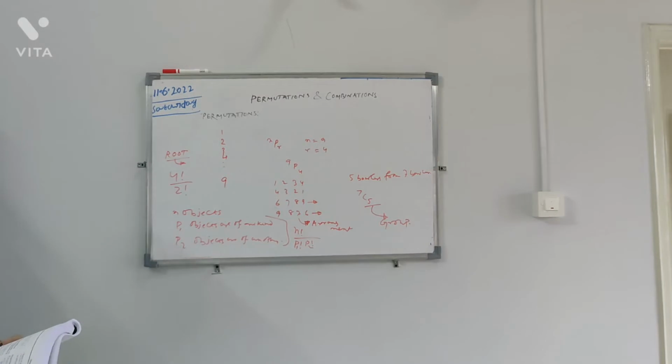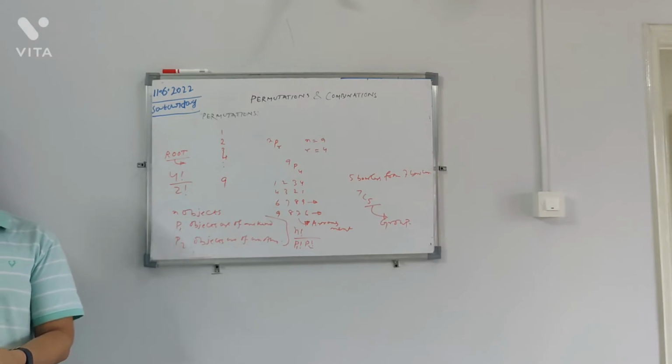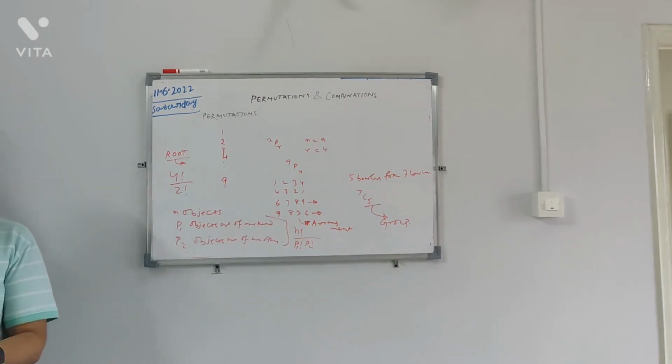The number of permutations of n different things taken r at a time, when a particular thing is to be always included in each arrangement.